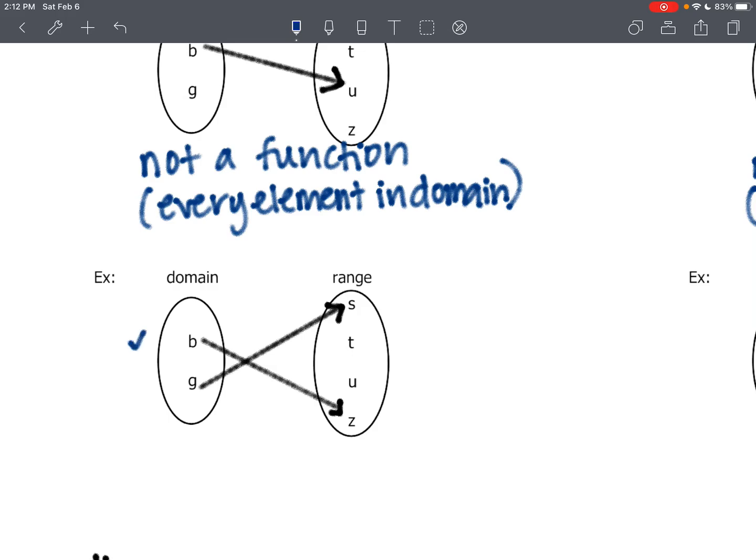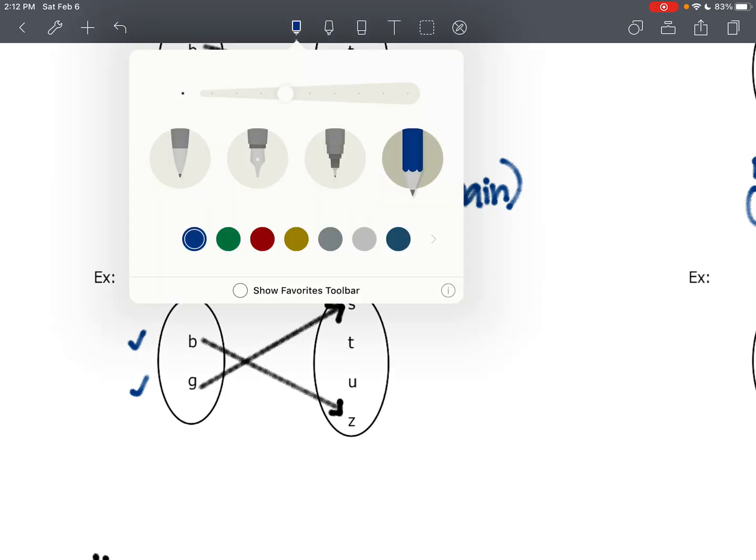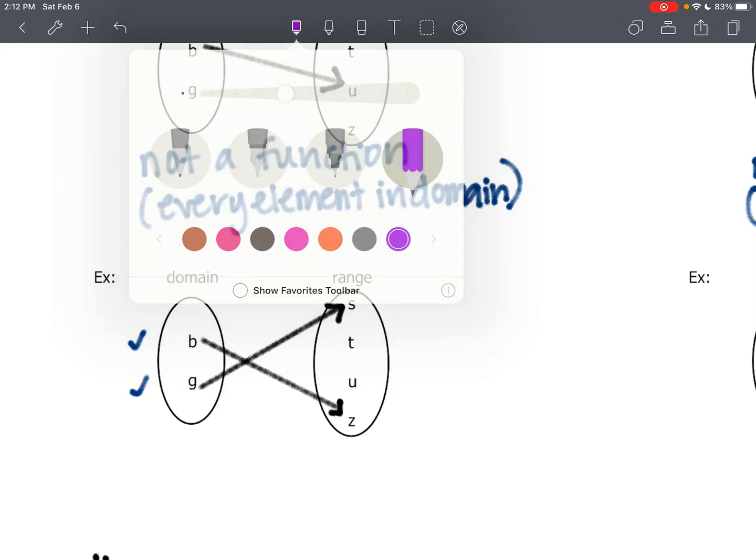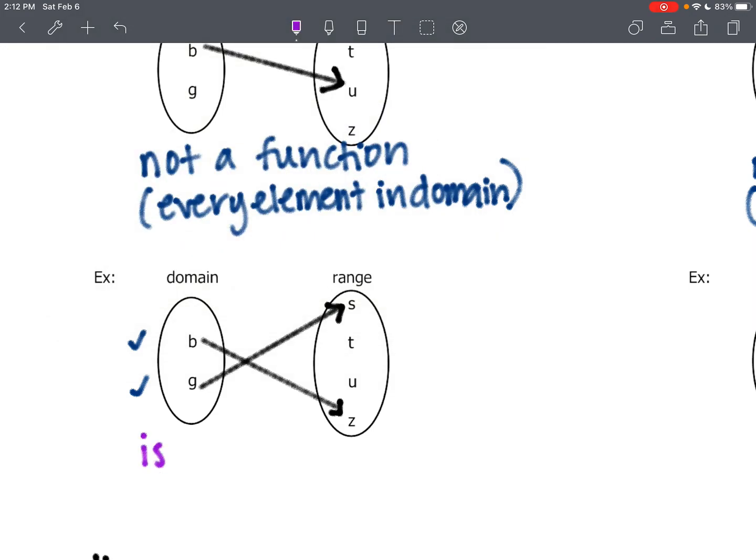Yes, both B is used and G is used. And then are they only used once? If they only have one arrow coming out, they are. They're used only one time. So this is a function. Let's use a different color to say it is a function. Let's use purple. So this is a function.